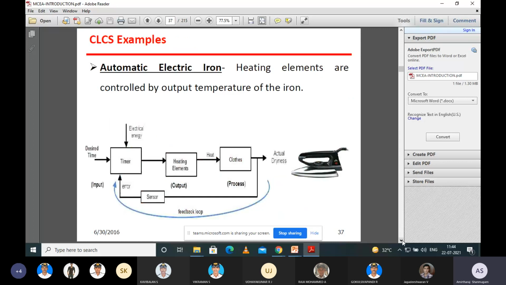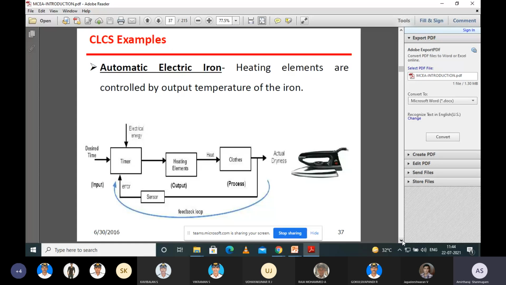And also one example. We regularly see this if we use our iron box: each and every material, the clothes, needs different heat. If we fix the necessary heat, automatically, when the heat is reached, the supply is switched off. The system is arranged like this.